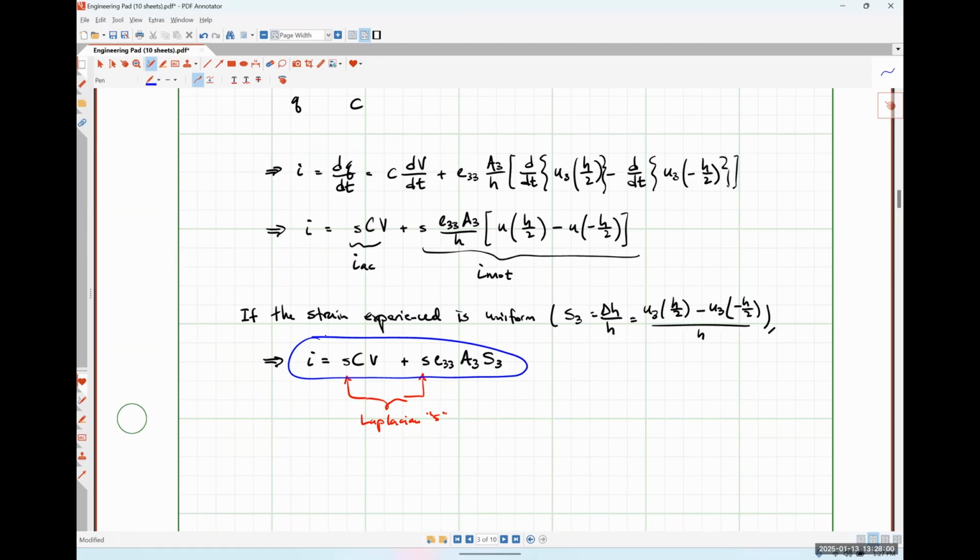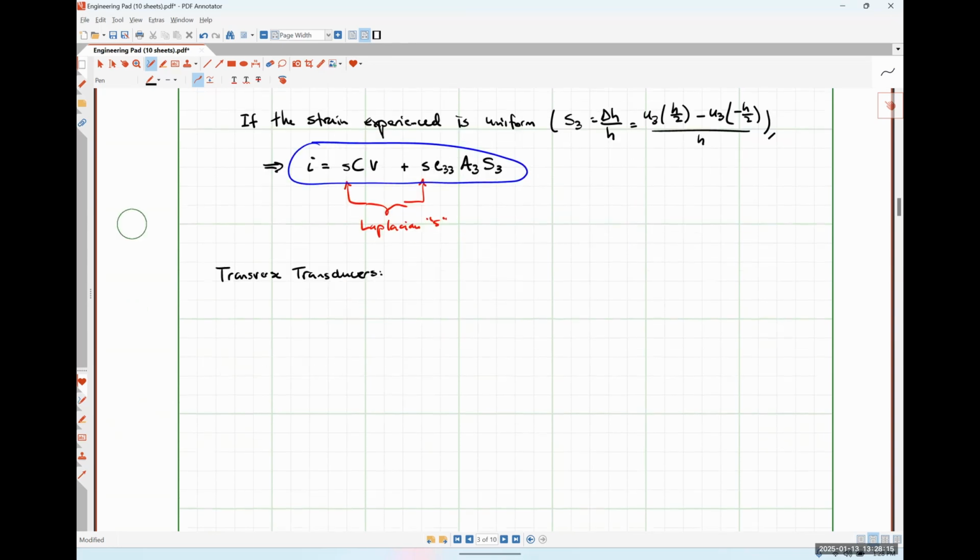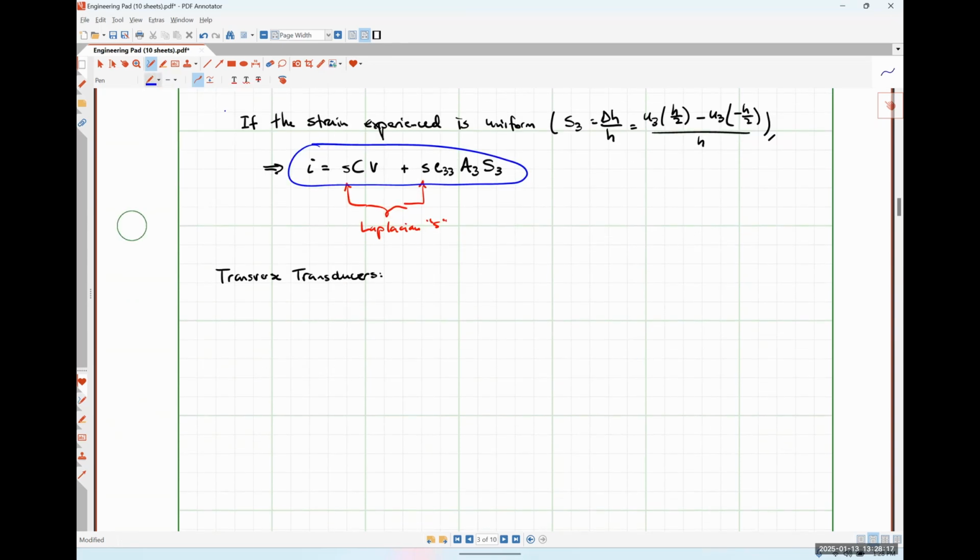Now let's talk about our transverse configuration. So once again, I'm going to try to draw a picture here. So here's our piezoelectric material.